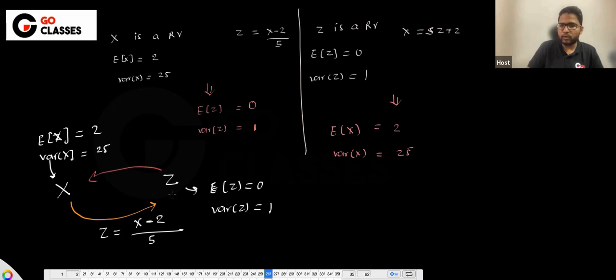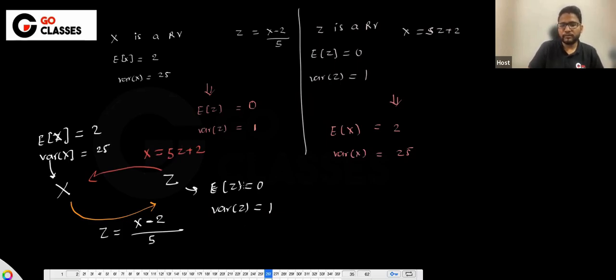Actually, we never need to go in the reverse, but suppose you want to, then can you define x such that its expectation is 2 and variance is 25? You can say yes, 5z plus 2. If you define a new random variable x given this z like this, then the new random variable x will have expectation 2 and variance 25.